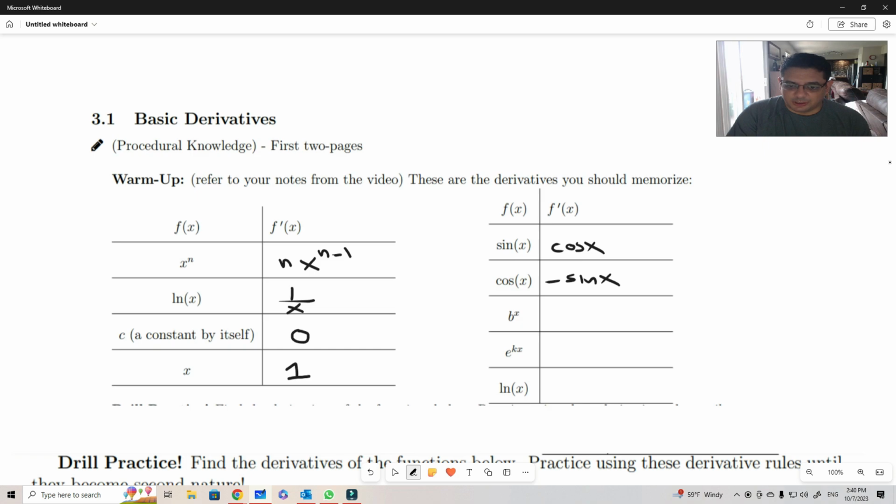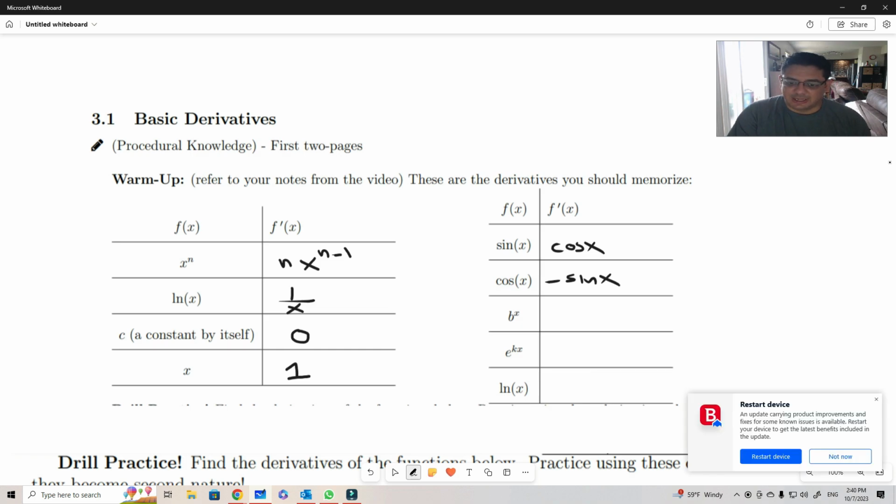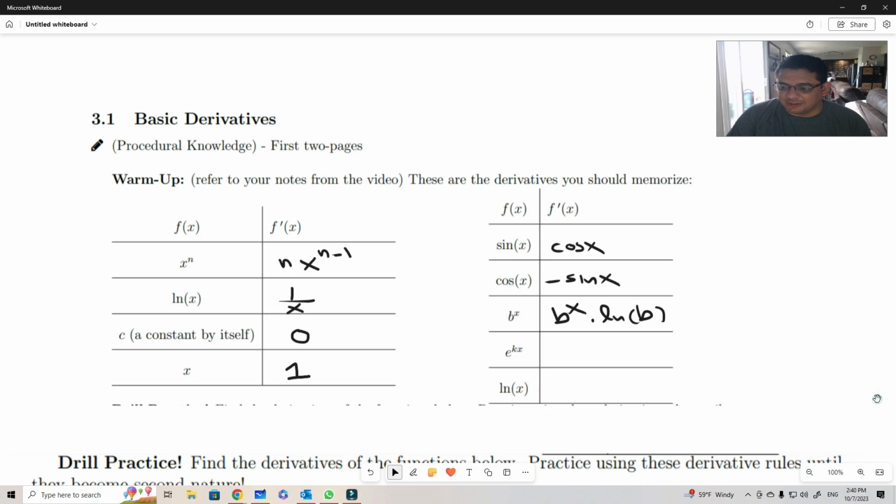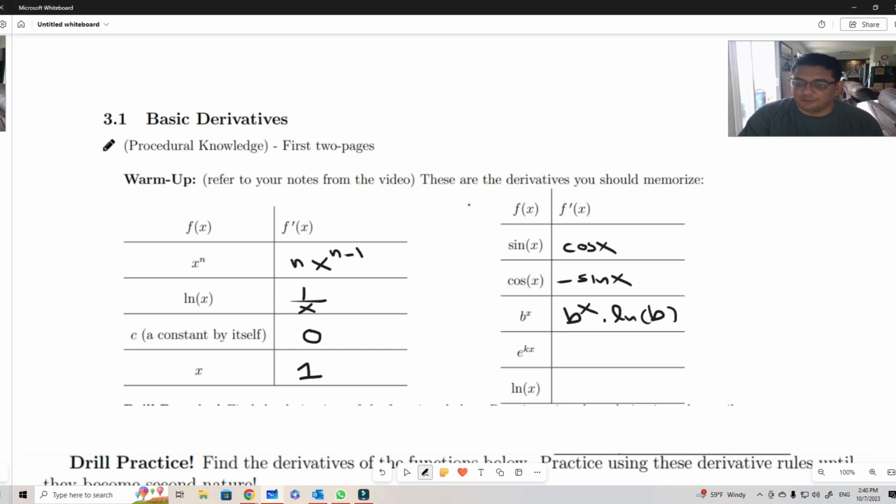When we have an exponential, the derivative of a function b to the x, it can be 2 to the x, pi to the x, e to the x, is the same function, b to the x, times the natural log of b. In the particular case of e to the x, this becomes log of e, which is 1, so that gives me the same function.